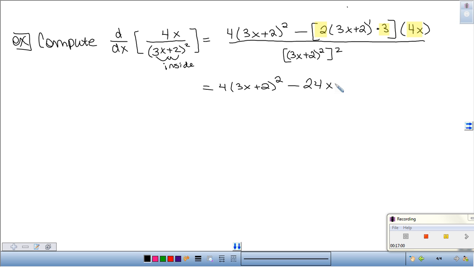24x times 3x plus 2, all over, and squared would be the 4th power. So 3x plus 2 to the 4th power. Notice you've got some things that can cancel. If you factor out 3x plus 2 on the top and the bottom, then this will change to the 1st power. This one will completely cancel out, and the 4 will change to the 3.